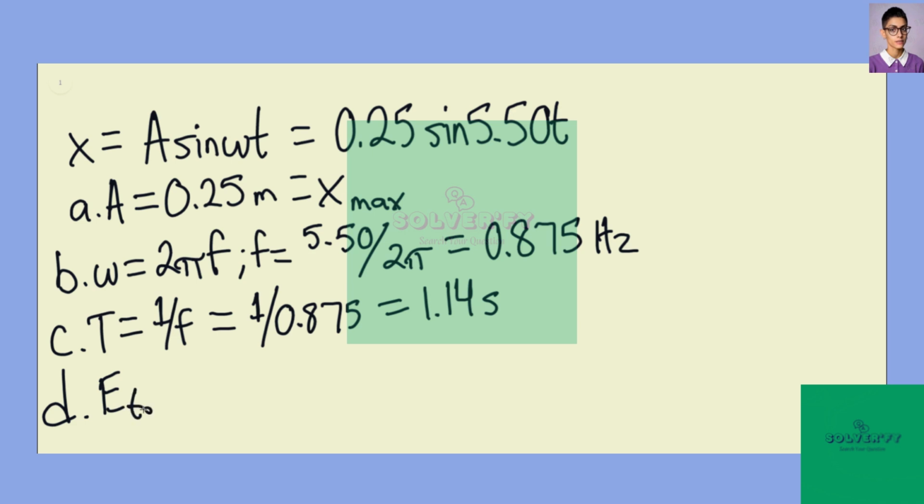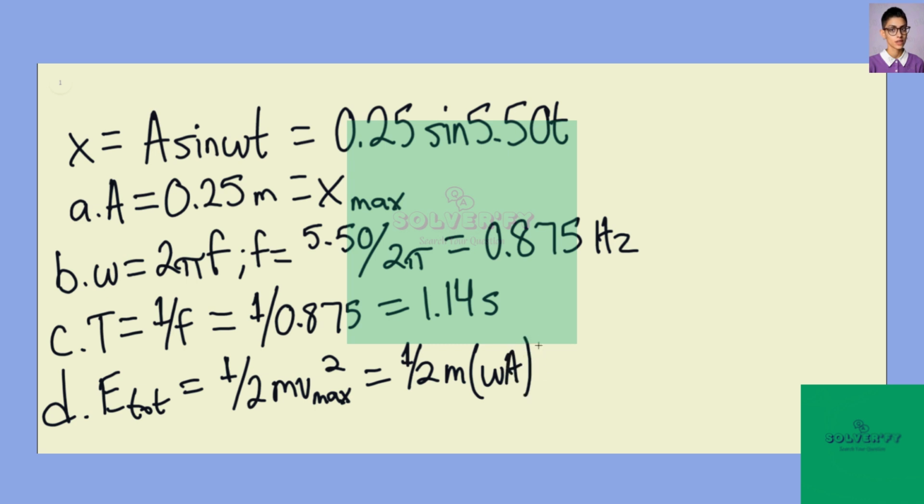So E total would be equal to 1/2 m v max squared, and this is equaling 1/2 times m times (omega A) squared. And we can solve.